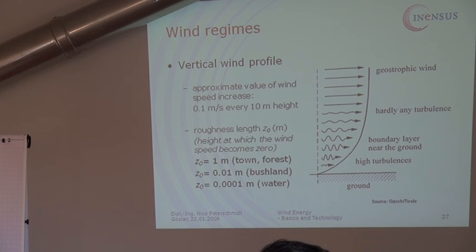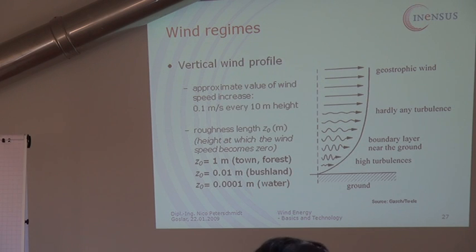All right. So these are some rough values for roughness length. A roughness length is a value which indicates the roughness of the ground. The higher the roughness of the ground, like the more stones, bushes, or buildings, or skyscrapers, whatever, the steeper the profile on the right.